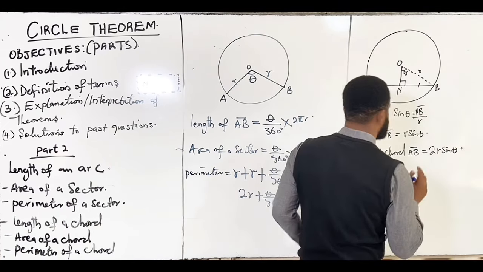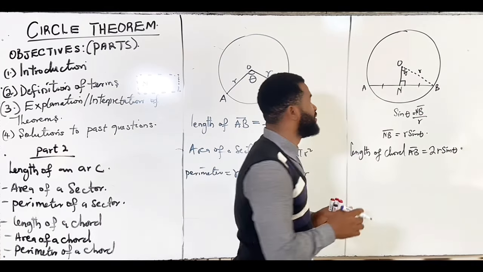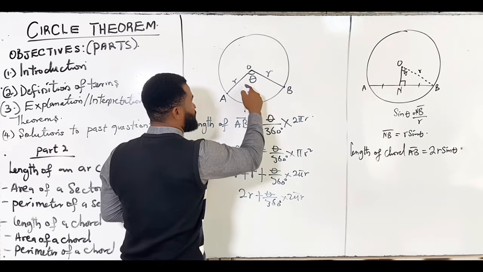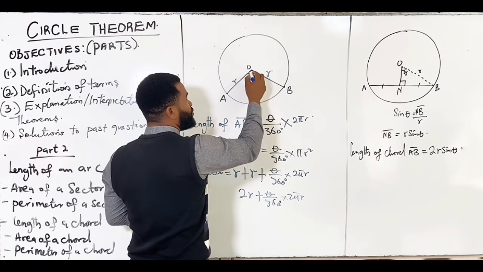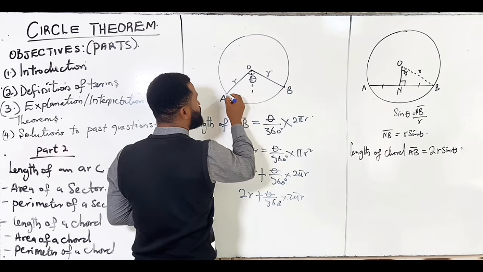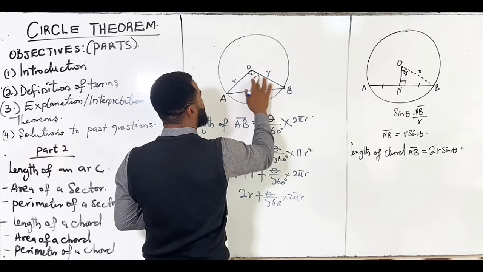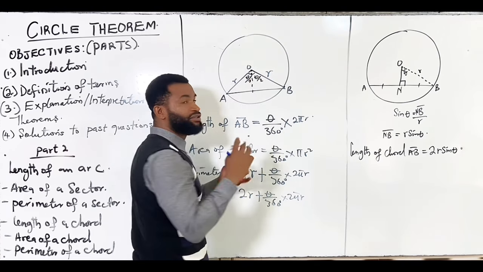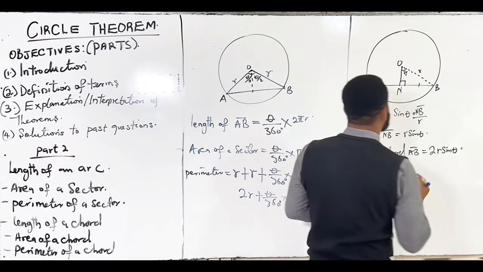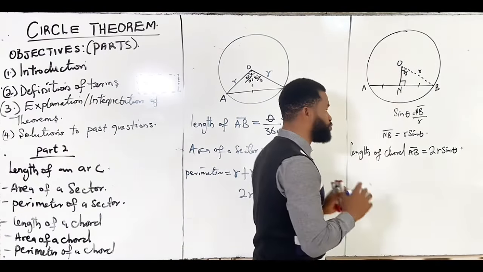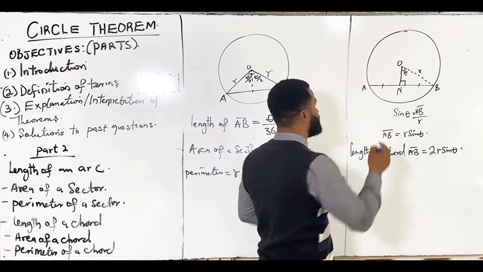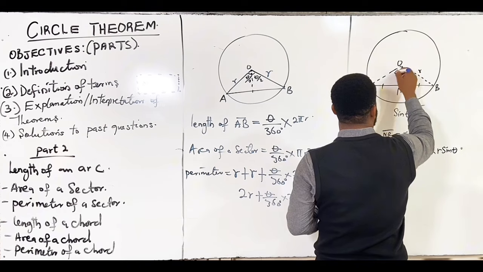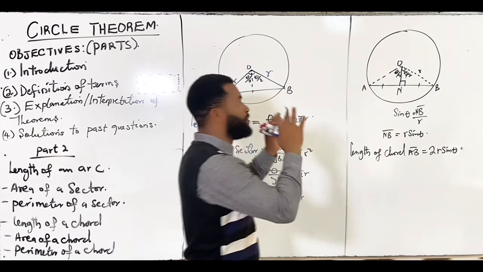There is something people usually do. Remember when I made AB, I gave it the whole of the theta. So when I divide this side in two places, this theta is not going to be a full theta, it's going to be theta over 2, and this theta over 2, which gives you the full theta. So for the sake of uniformity and what other textbooks are doing, I will say that from here also to this place is going to be theta over 2 and theta over 2, so that I will have a whole theta there.